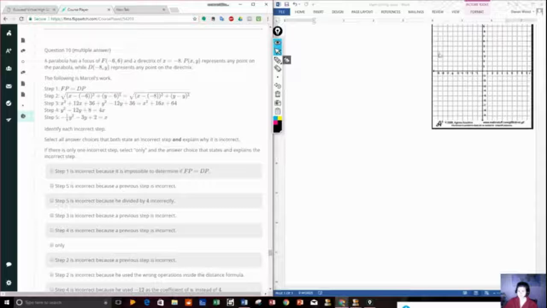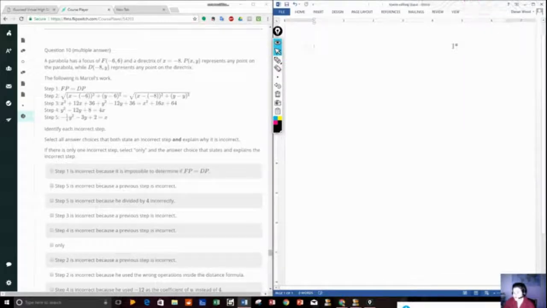Okay, so they want to find the incorrect step, so let's go through and do our own work for the correct step. They're trying to write the equation of a parabola, and a parabola has the focus.